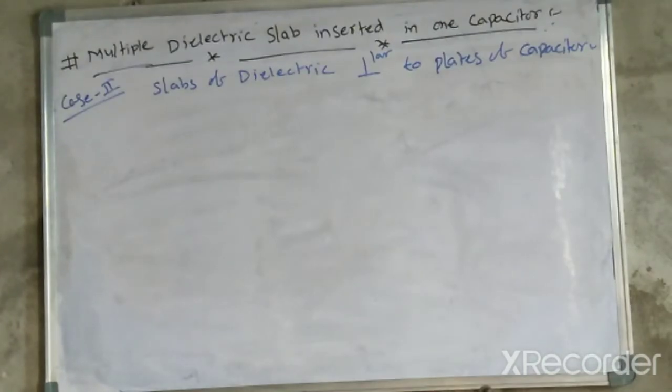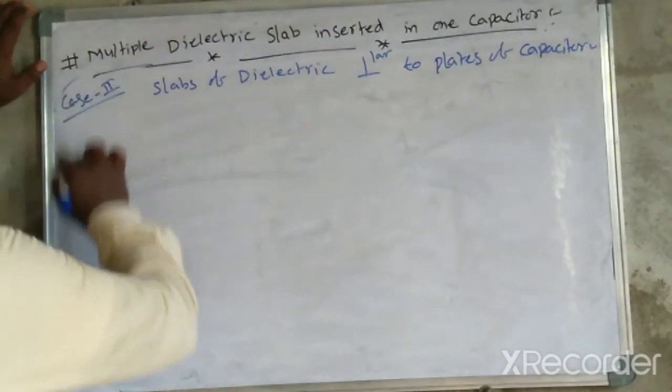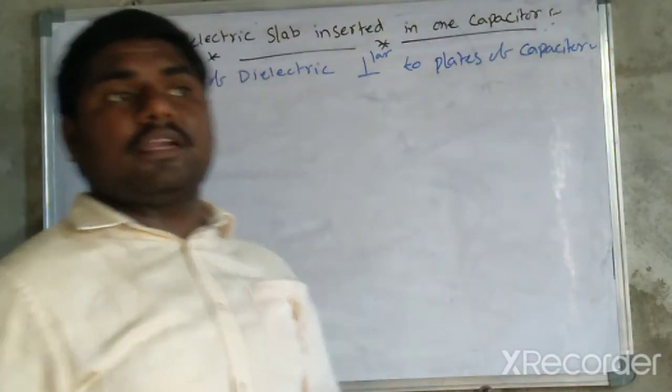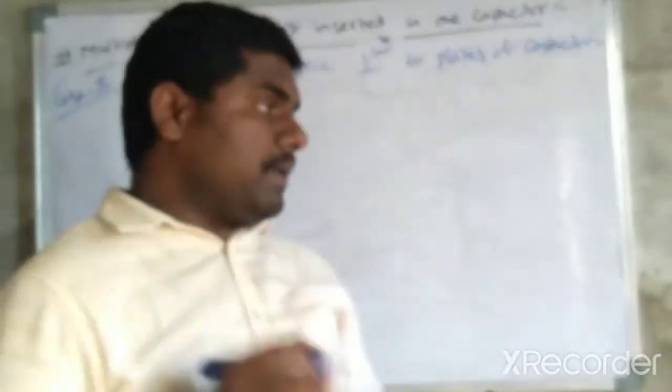In the second case, case number 2, slabs of dielectric are perpendicular to the plates of the capacitor.